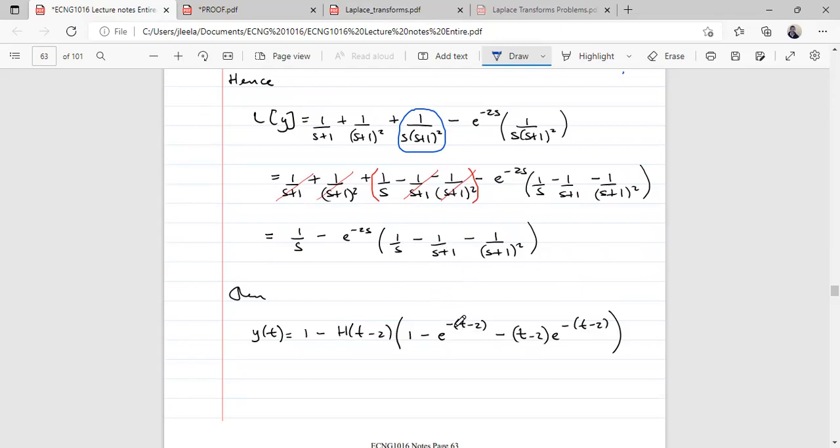We know that this is e to the minus, right? Because this is supposed to be minus, so the pluses are minus minus. So it means that your t naught here is 2. Because this is t minus 2, you have to make a shift. So that will be minus t minus 2.